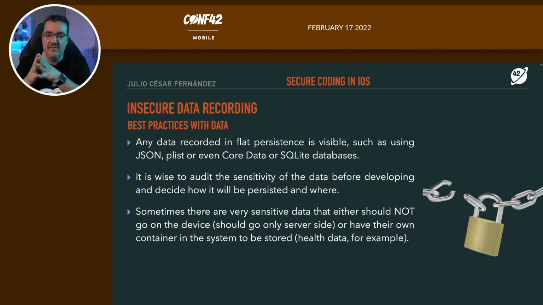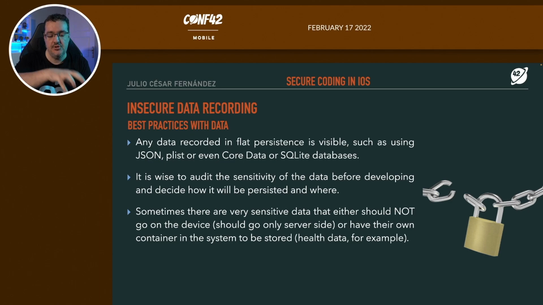Sometimes they are very sensitive data that should not go on the device. For example, some data must be only on the server side, and if you work with this data only in your memory, this data is secure.